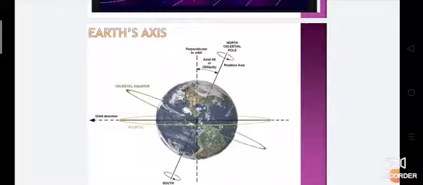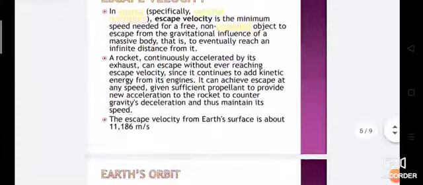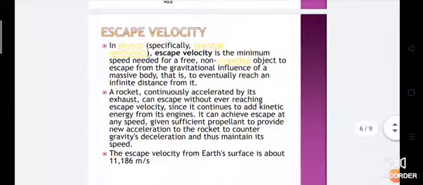In physics, especially celestial mechanics, escape velocity is the minimum speed needed for a free non-propelled object to escape from the gravitational influence of a massive body, that is, to eventually reach an infinite distance from it.